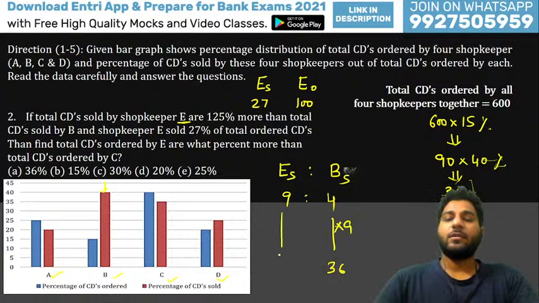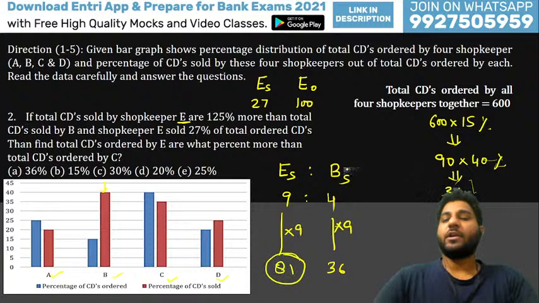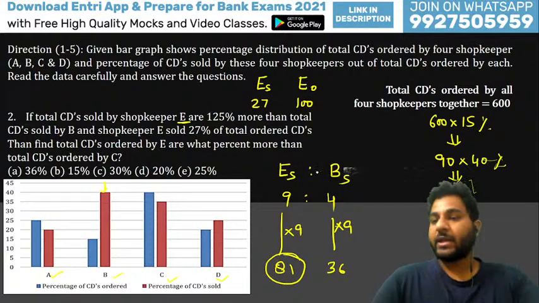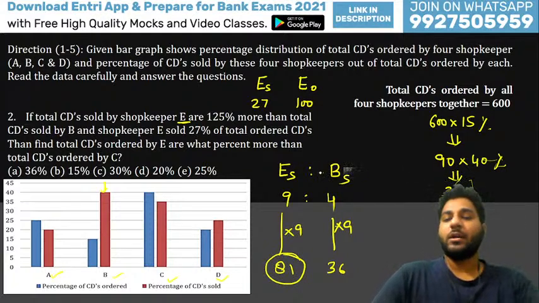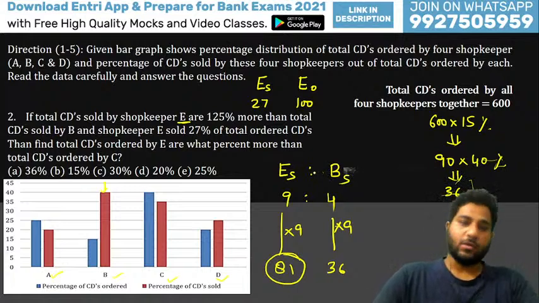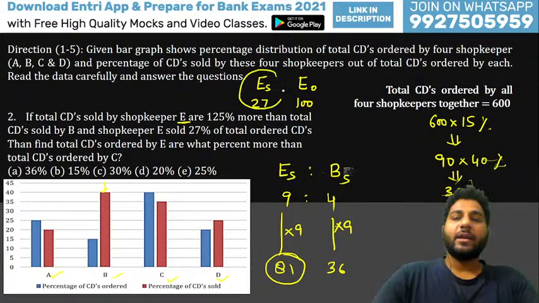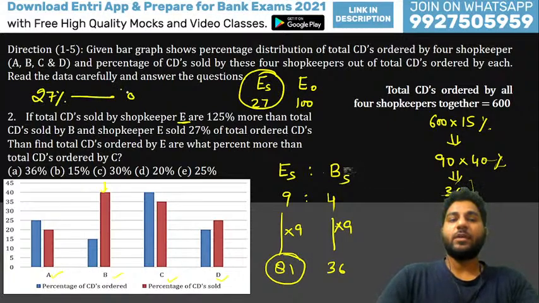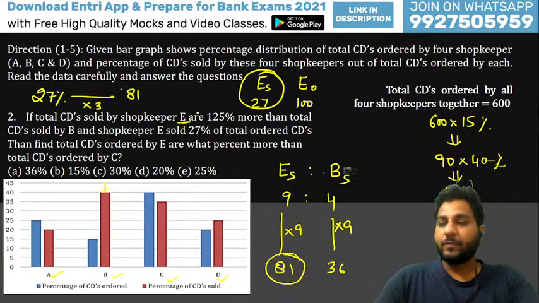Now E has ordered 81 CDs according to the comparison. Where it has been given in the percentage as 27%. So 27% has to be equal to 81. That means 1% has to be equal to 3.